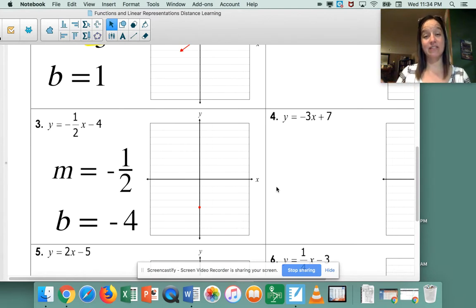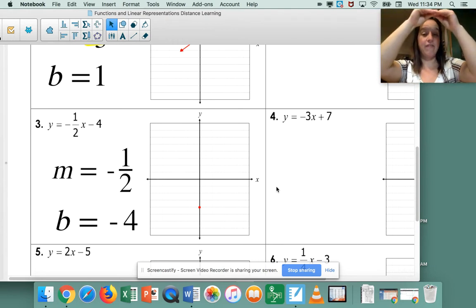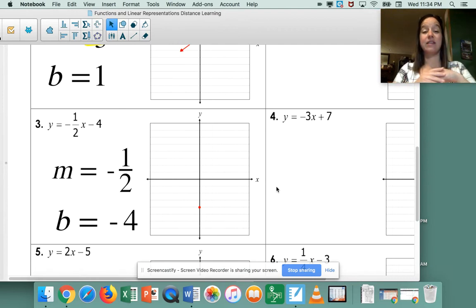Now here you'll see I've got -1/2 as a slope. If it's positive, I'm going up. If it's positive, I'm going right. If it's negative, I might go down or I might go left. So what I'm looking for here is that I know this is negative half.